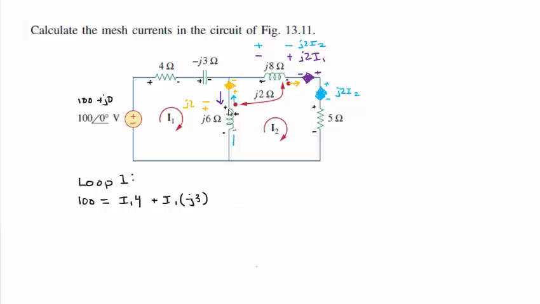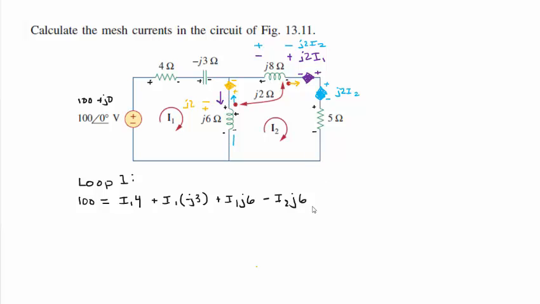And then right here it's plus I1 J6, but it's also minus I2 J6.